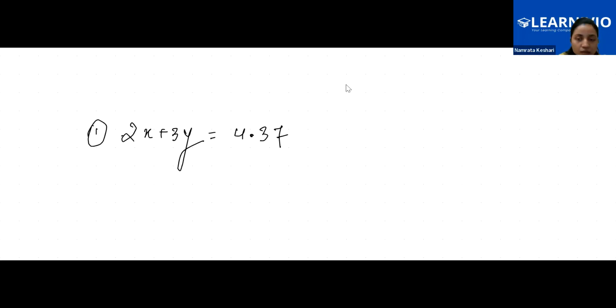Tell me what to write when we have to represent it in standard format. Standard format means we have to maintain 0 on the right hand side. Then how will we write the given linear equation in two variables in standard form?